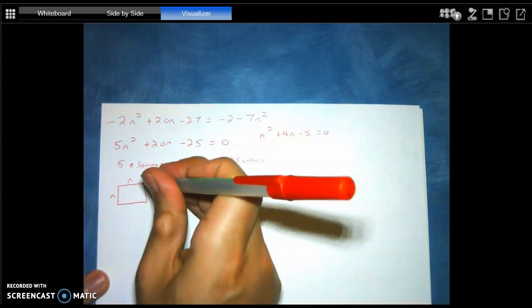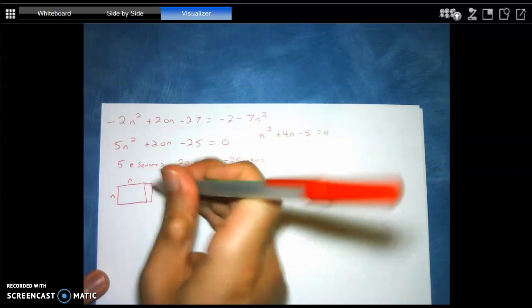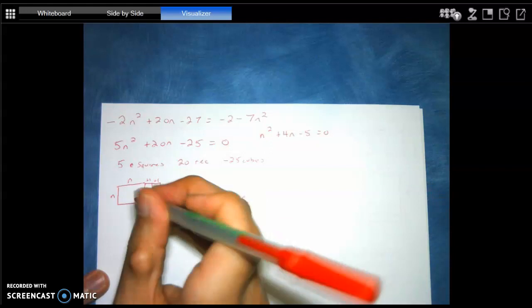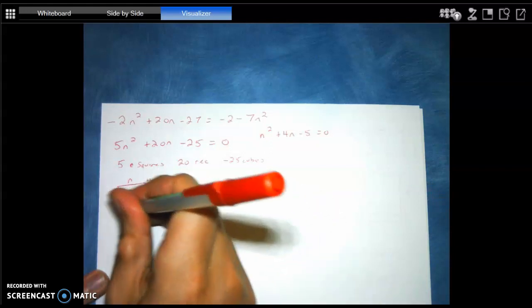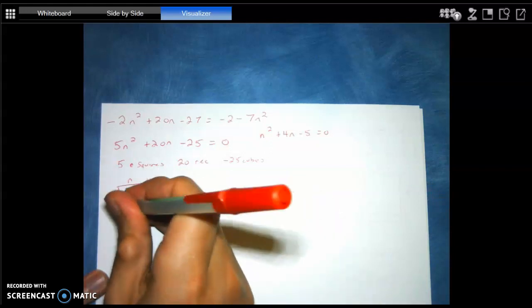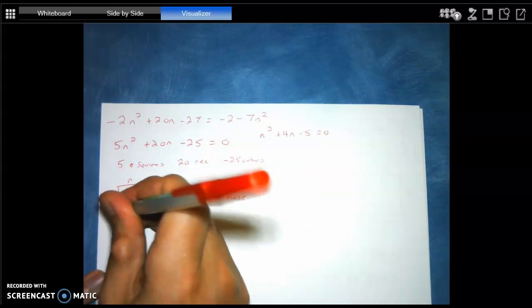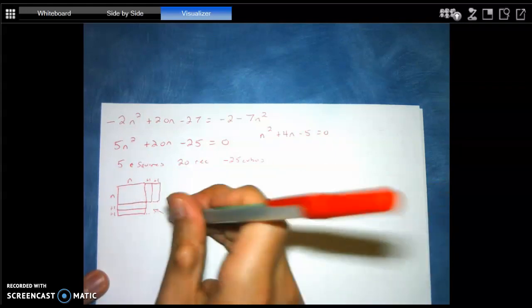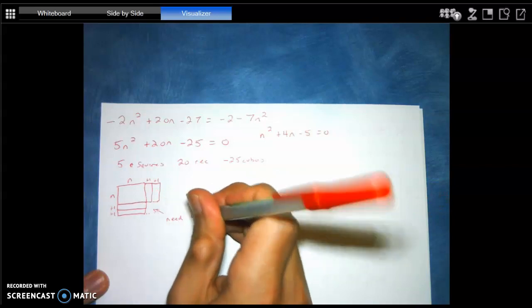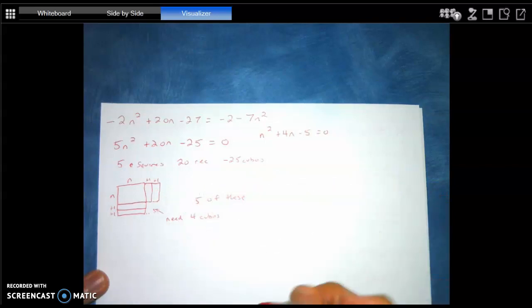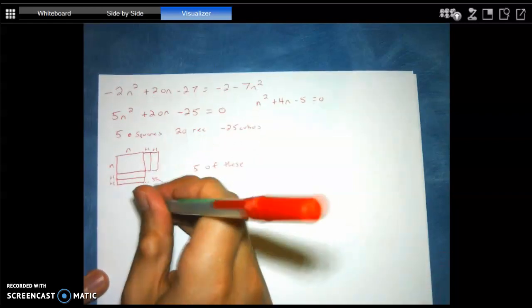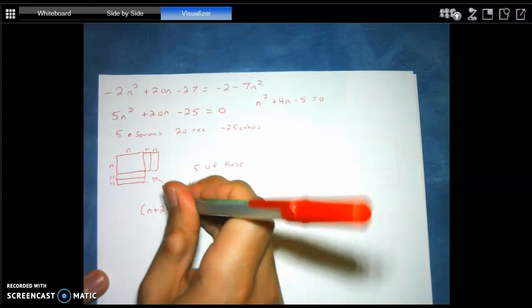So that means that each of these plus 1 are going to get 2. Plus 1. And then to complete this, I need 4 cubes. I look at my area of it. Well, the area is n plus 2 squared.